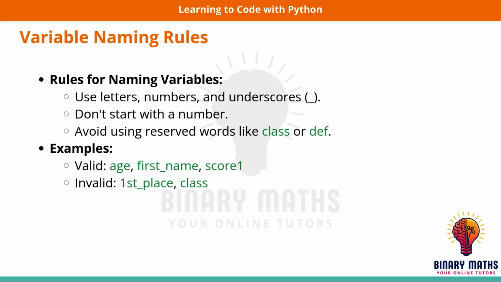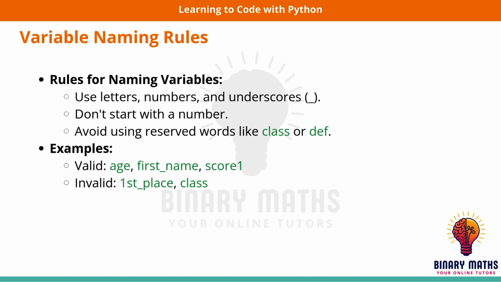Variables are essential in programming as they store information that your program can use. When naming variables in Python, there are a few rules to follow. You can use letters, numbers, and underscores, but the name must start with a letter or an underscore, not a number.